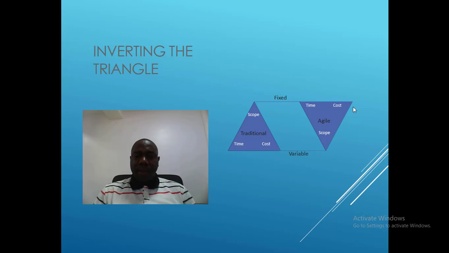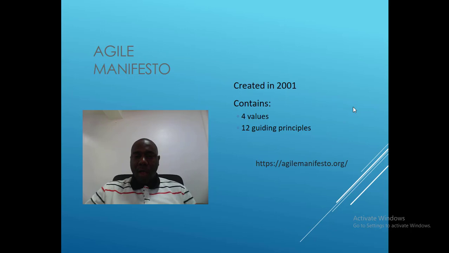But in Agile project management, the reverse is the case. The time and cost are usually fixed, and within that time you can change the scope, but at the end of a particular set of time, we should be able to deliver a product that meets our requirements.